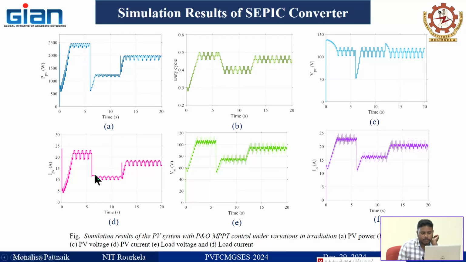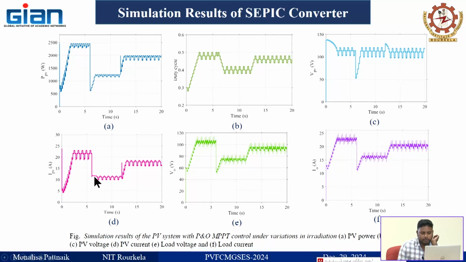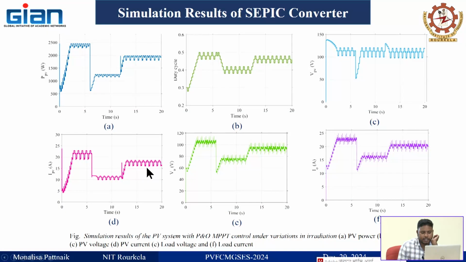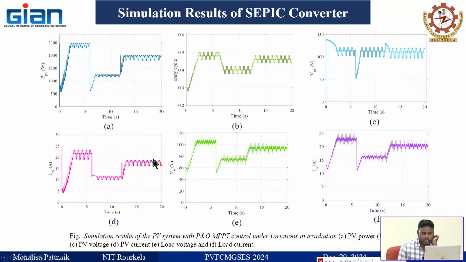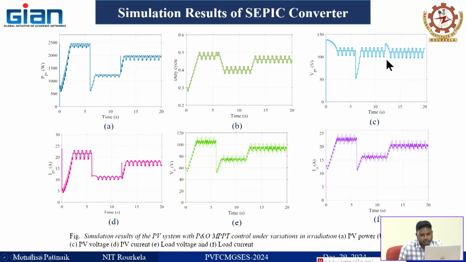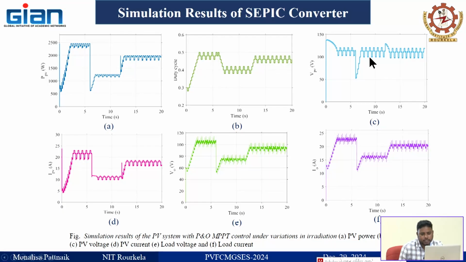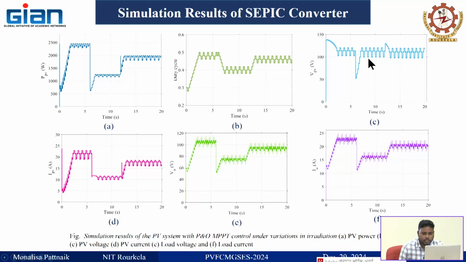At 500 watt per meter square, it is around 12 amps. At 800, the current increases again. The voltage is almost the same, because voltage is not directly proportional to insolation.